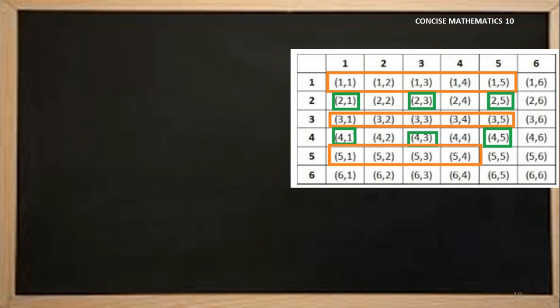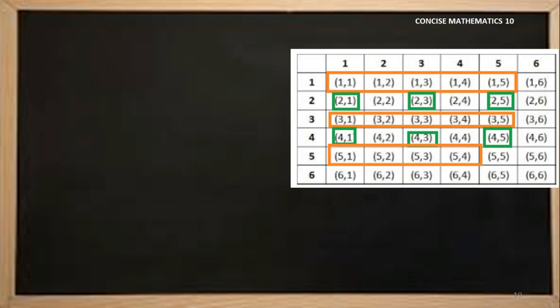I hope you understood this question, children. They did not mention that the odd number should be on the first dice and a number less than or equal to 4 on the other dice. There is no such condition. The condition is that among the 2 values, one should be an odd number and the other one should be a number which is less than or equal to 4.